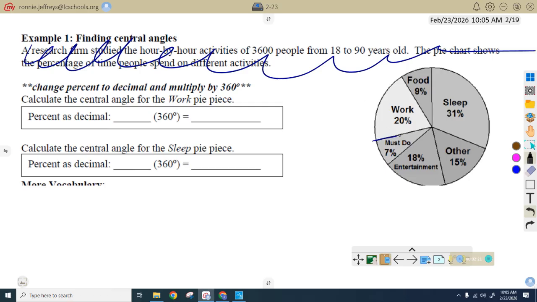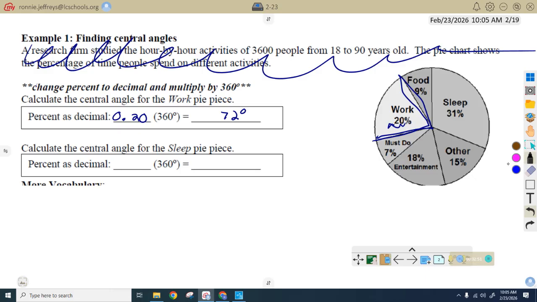So this little slice right here. Well, 20% as a decimal, you move the decimal place over 2 places to the left. So when you multiply 0.2 times 360, you get 72 degrees.